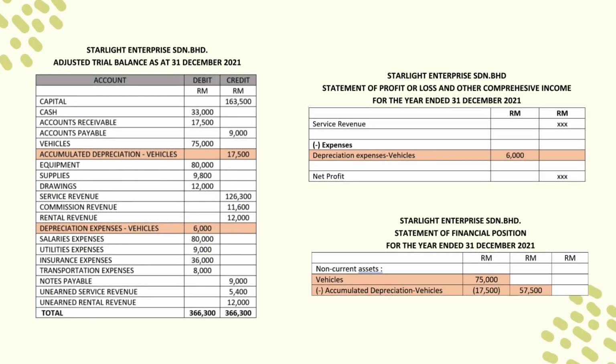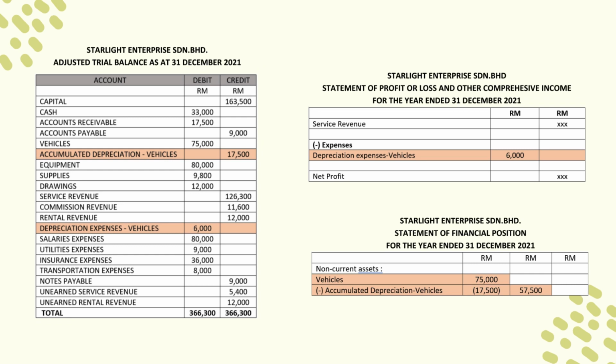Next, how to record it on the adjusted trial balance. You need to record accumulated depreciation for vehicles on the credit side 17,500, and you will record depreciation expenses for vehicles on the debit side 6,000 ringgit. On the statement of profit or loss and other comprehensive income, you need to record depreciation expenses for vehicles under the expenses.